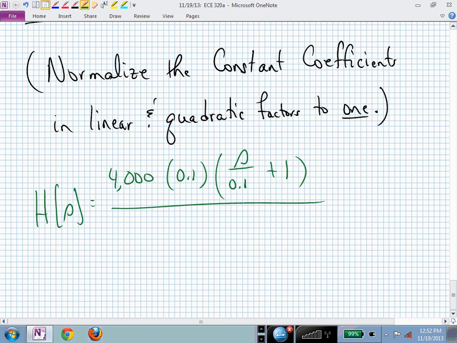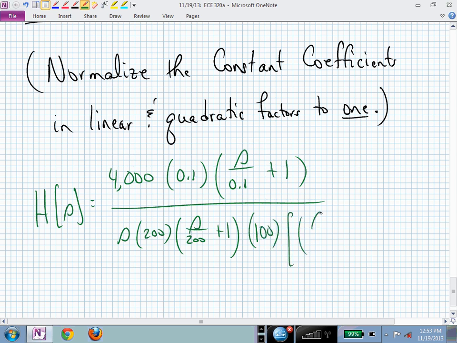All right, that's the first factor that we've normalized. s we don't need to mess with. That already was okay. But then the next one was s plus 200. We factor out the 200, and we have s over 200 plus 1. And then we need to factor out the omega sub n squared, which in this case was 100.